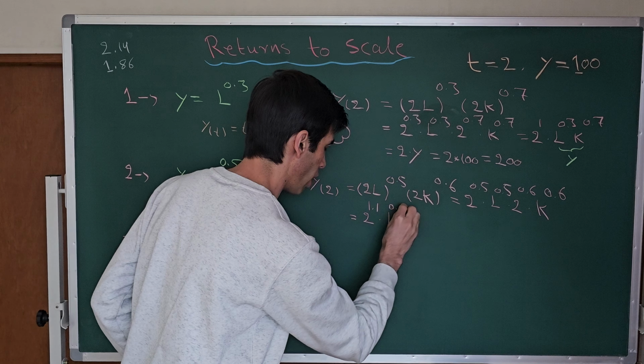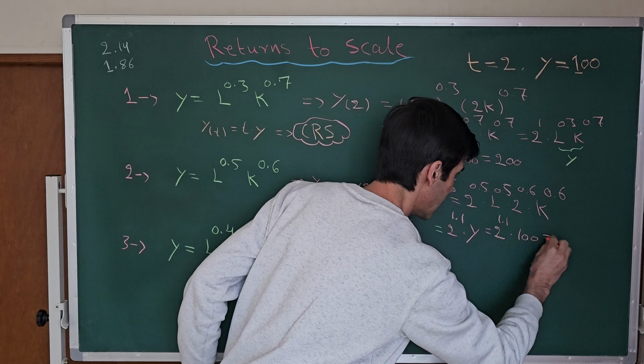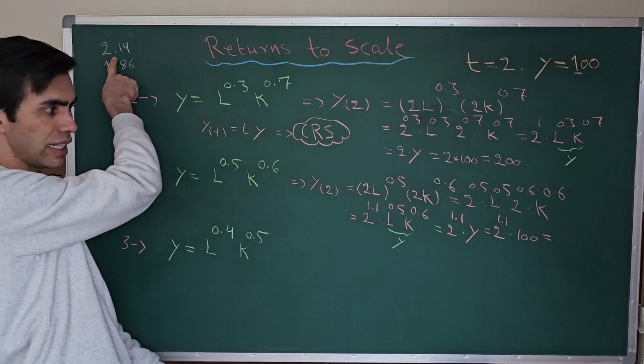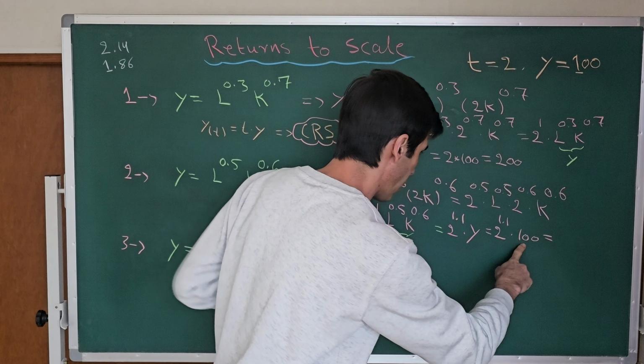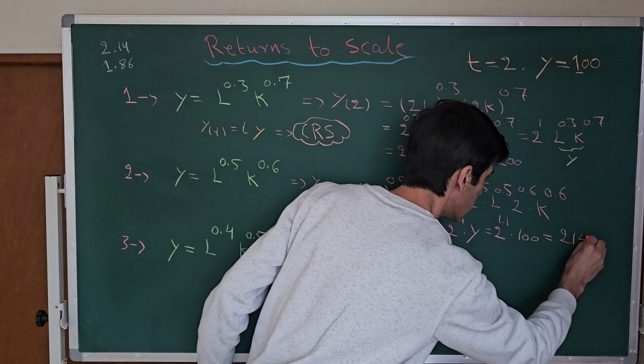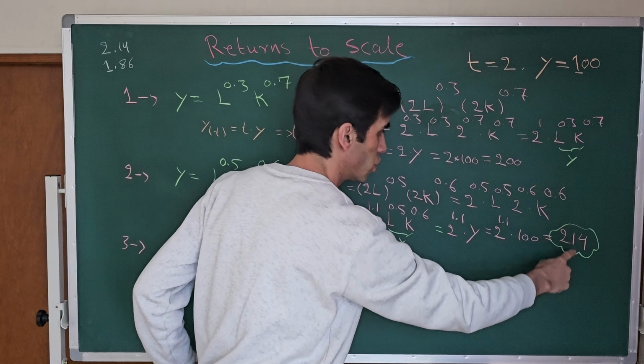Instead of y, let's put the initial value, which is 100. 2 to the power of 1.1 is about 2.14, and 2.14 multiplied by 100 becomes 214. So in this case, when we increase all inputs, labor and capital, by a factor of 2, our output level increased from 100 to 214.